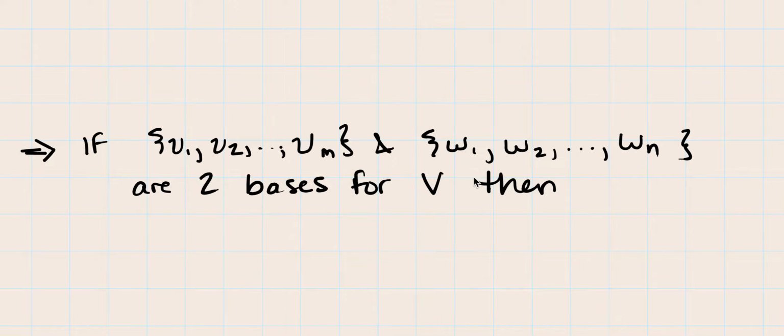Whenever we have two bases for the same space, then if one basis is V1, V2 through Vm, and the other basis is W1, W2 all the way to Wn, then m has to equal n. We have to have the same number of vectors in both of the bases.